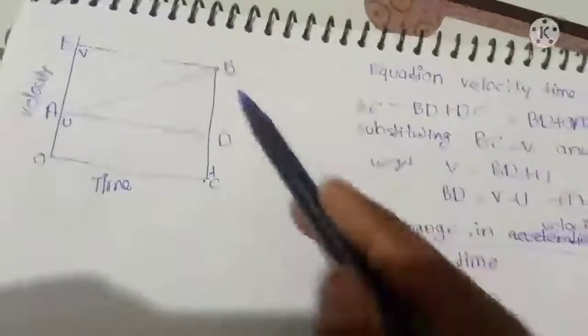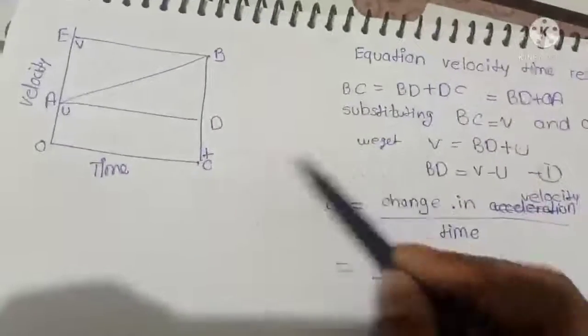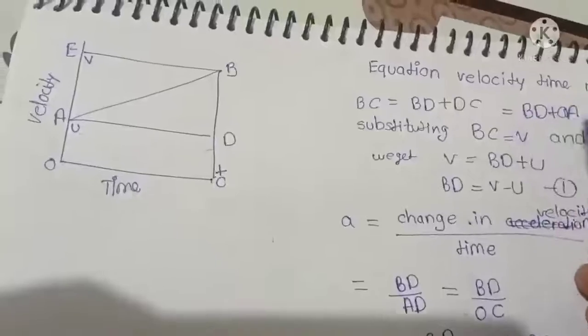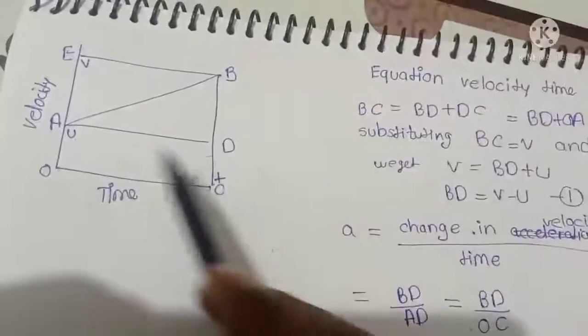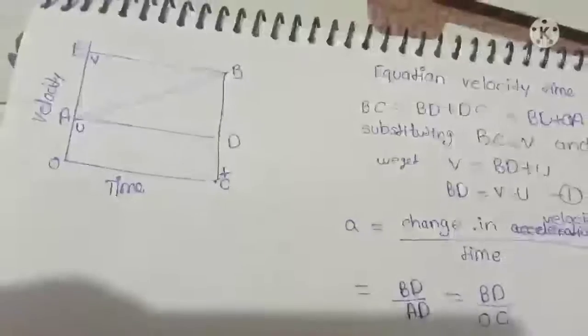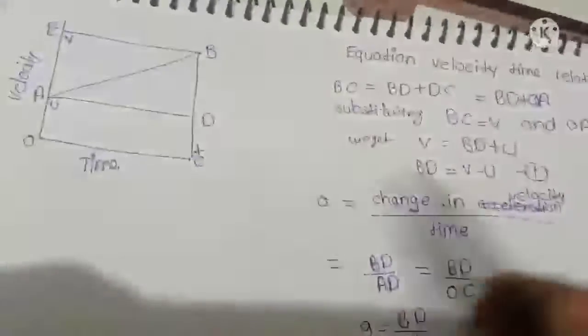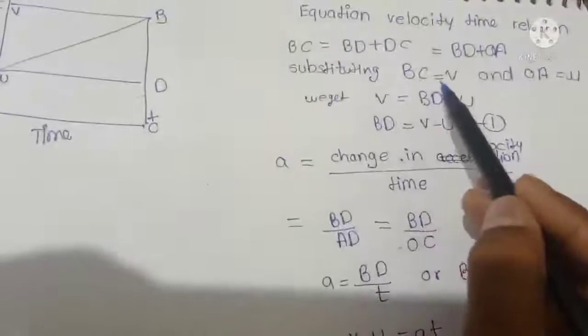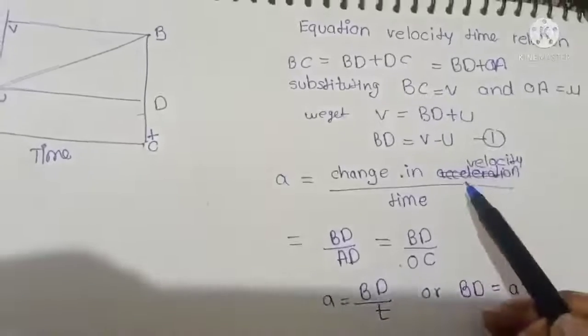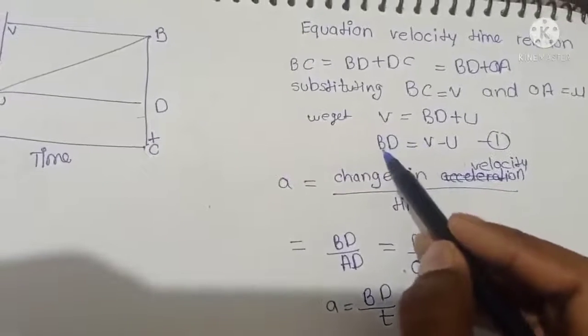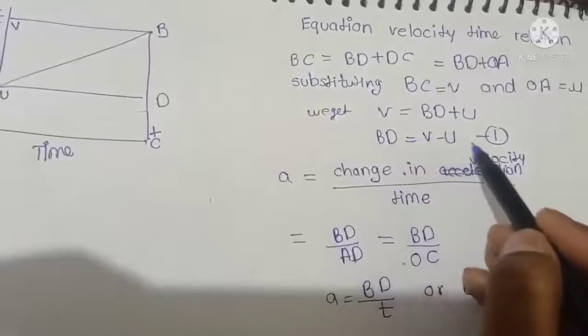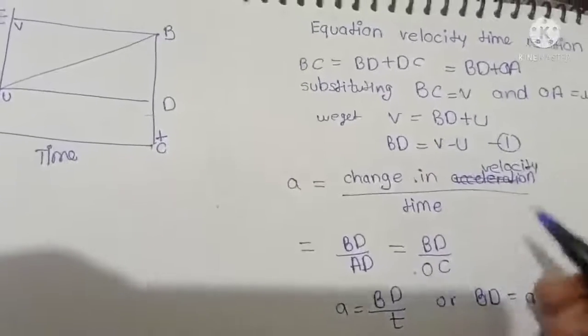According to this, BC equals BD plus DC, because these are parallel to each other. So BD plus OA, we substitute DC with OA, the initial velocity. Now substituting BC equals final velocity and OA equals initial velocity, we get V equals BD plus initial velocity. So BD is equal to V minus U, and this is our first equation.